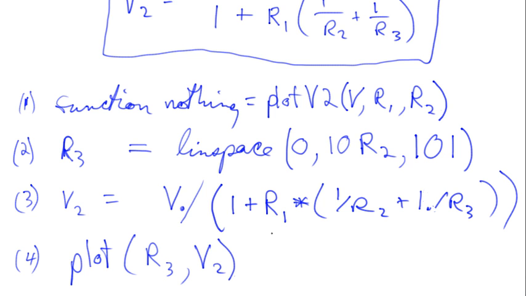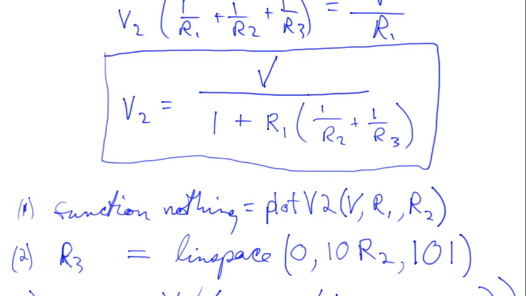Okay. And then the V2 is equal to V dot slash. So I think it's easier to look at this formula. Okay, I'm going to try to type that in.